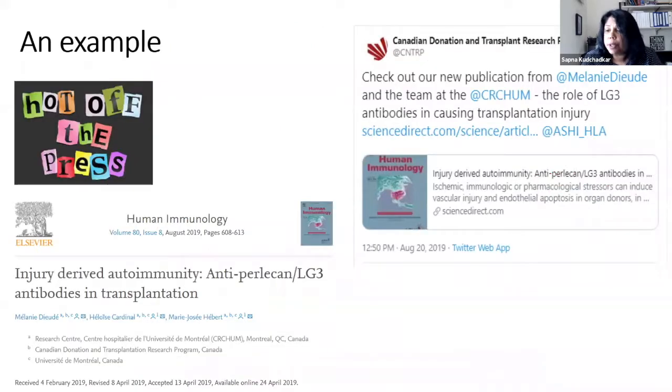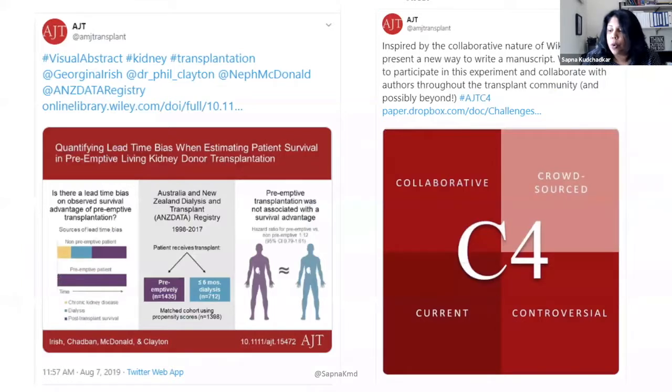Here's an example from the Canadian Donation and Transplant Research Program tweeting about an article that they were collaborators on. Injury-derived autoimmunity, you can see here in Human Immunology, and this is a very nice tweet listing the first author and the affiliated organizations with a direct link and another organization that's also associated. Here are some more examples from transplant journals.